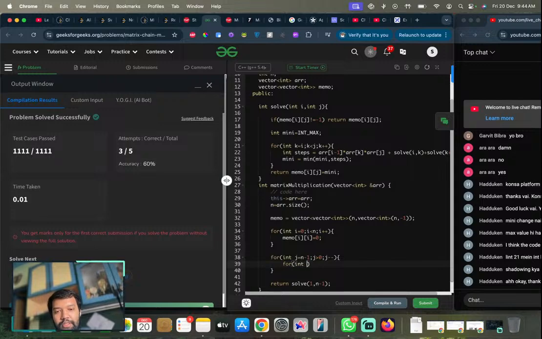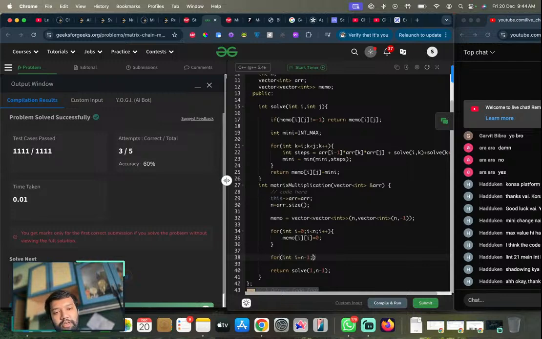For I, let's do for I equals, it should start from the opposite side, n minus 1. Will I ever reach n minus 1?